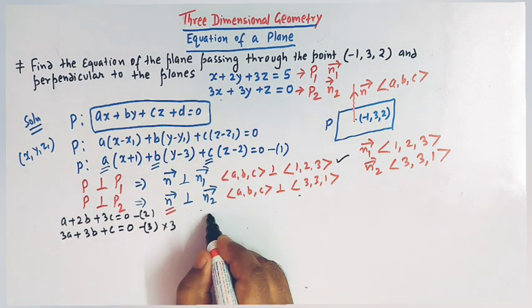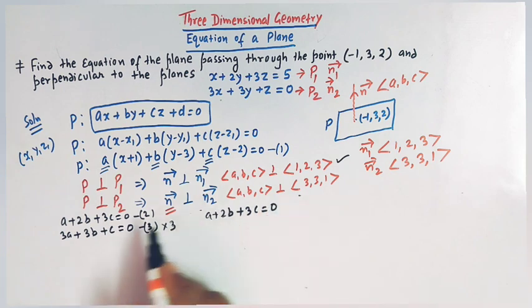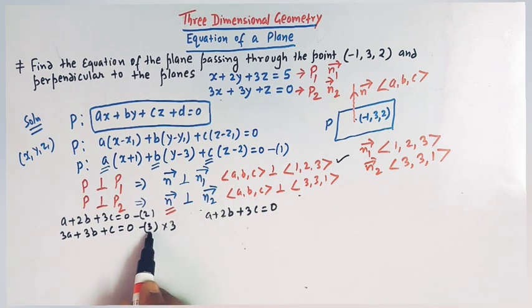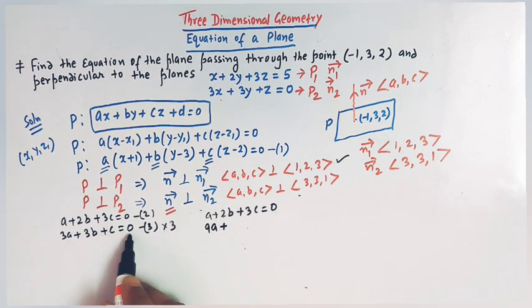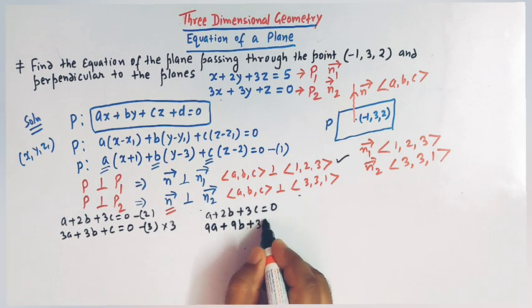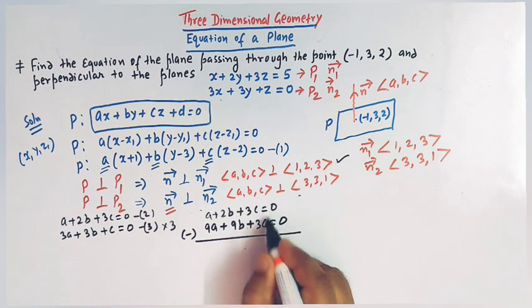So now we have a plus 2b plus 3c is equal to 0, which is equation number 2, and the third equation is 9a, because we are multiplying this equation by 3, so here we have 9b plus 3c is equal to 0. Now let us subtract these two equations.